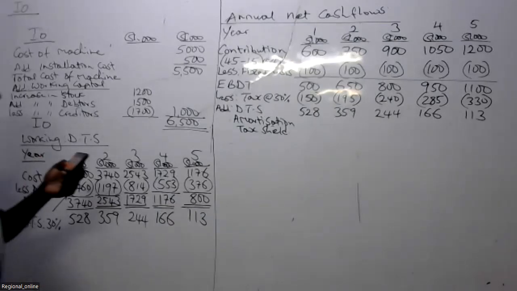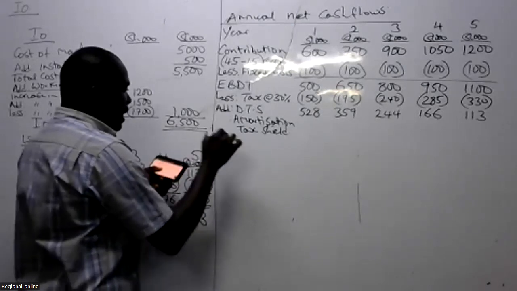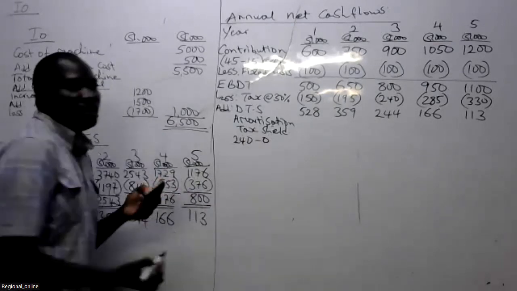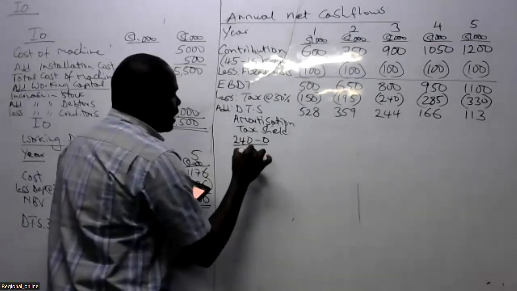The cost of the overhaul is how much? 240. It will be fully amortized, so salvage value will be 0, over the remaining how many years?